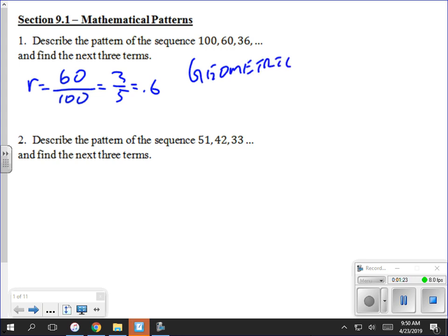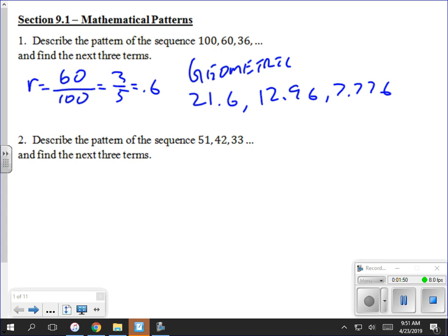And then I have to find my next three terms. And that would be 21.6, 12.96, or 7.776.